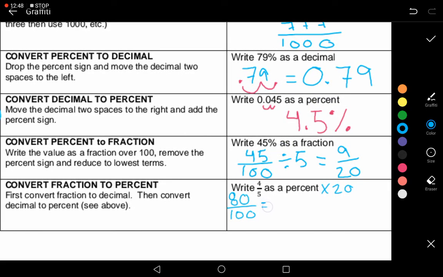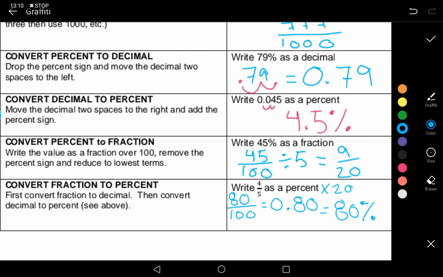So this is 0.80, right? Because we just have to get rid of the 100 and move our decimal 2 spots over. And then to get that into a percent, which you could basically skip this middle step here, we can just drop the 100. So this is 80%.